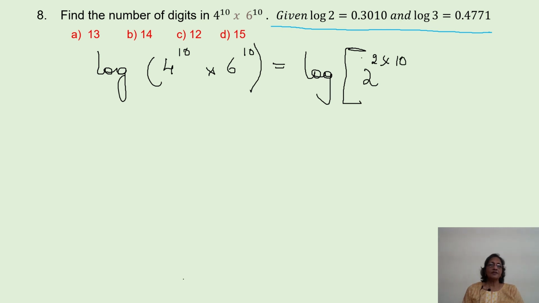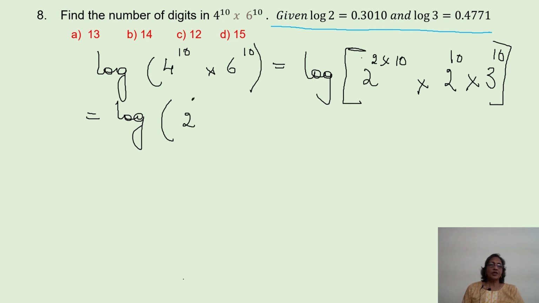The 4 I have converted. And then 6 I can write as 2 raised to 10 into 3 raised to 10. Now by using our laws of indices for the same base, 2 raised to 20 plus 10 into 3 raised to 10.